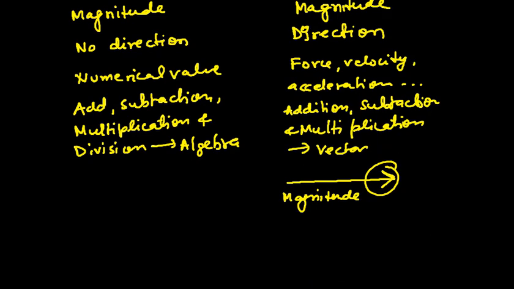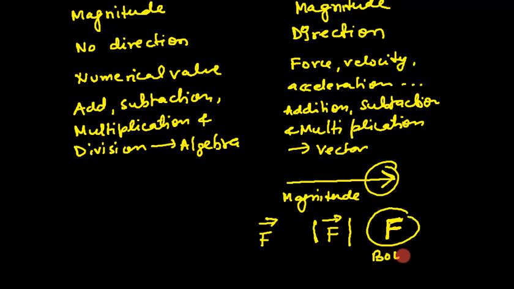For example, if we are talking about force, it can be represented like this, and the magnitude will be represented as modulus of F. And in print, it can be written in bold. Let me write it just as a bold symbol.